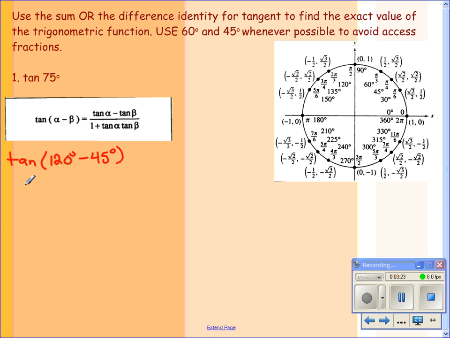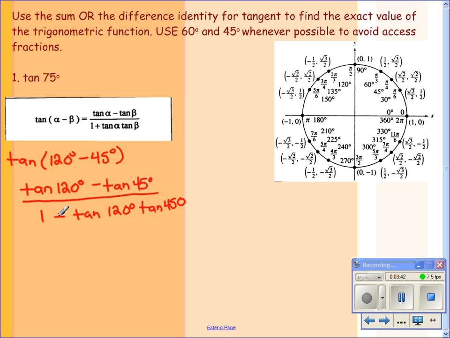So we'll do tan of 120 degrees minus tan 45 degrees over 1 minus tan 120 degrees tan 45 degrees. Sorry, that should be plus. Tan of 120 minus tan 45 over 1 plus tan 120 tan 45 degrees.